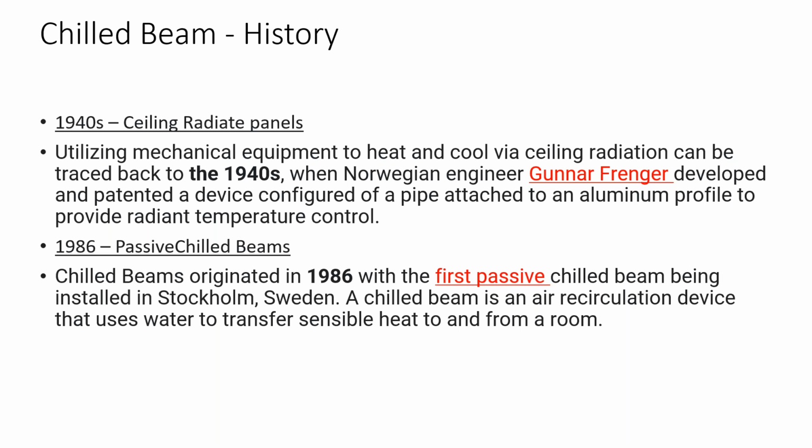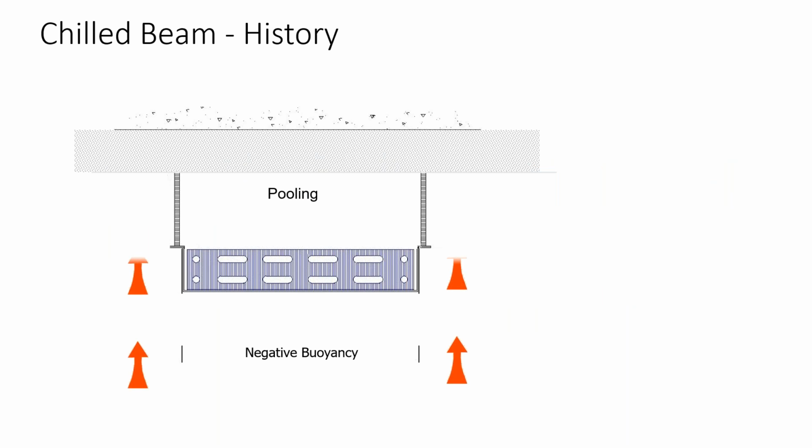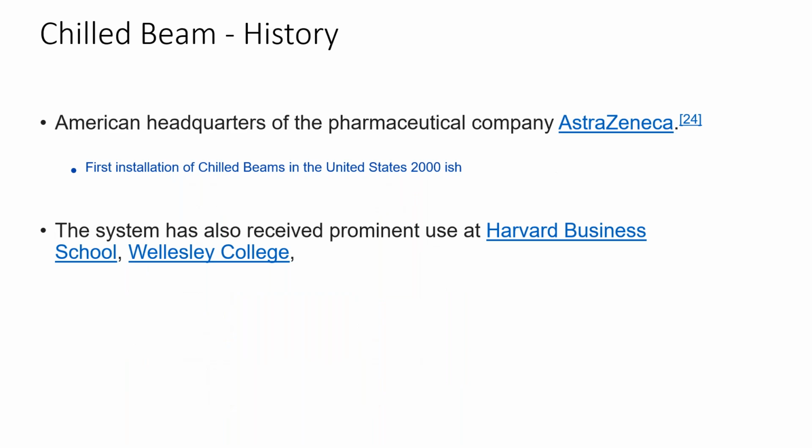And once the warm air cools off, it gets heavy and it falls through that coil into the space. So passive beams are a first line introduction to chill beams, and 1986 is the beginning of them. So once again, warm air rises to the ceiling, finds that cold surface, the buoyancy changes because the warm air changes to cool air, and then it falls to the floor.